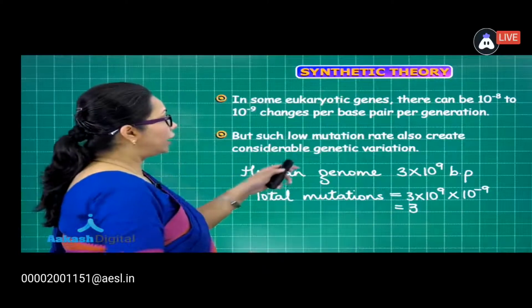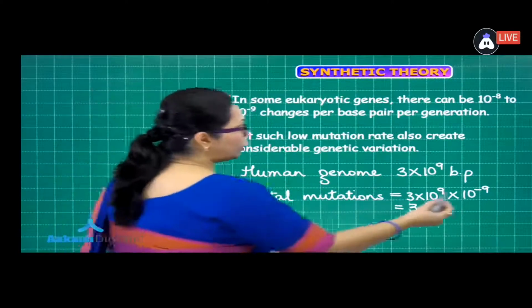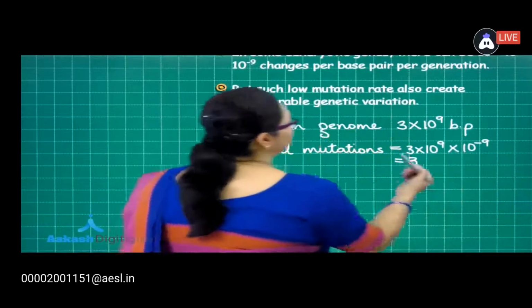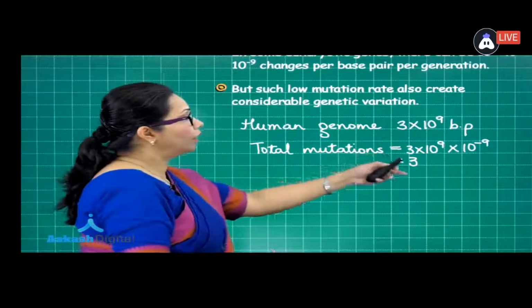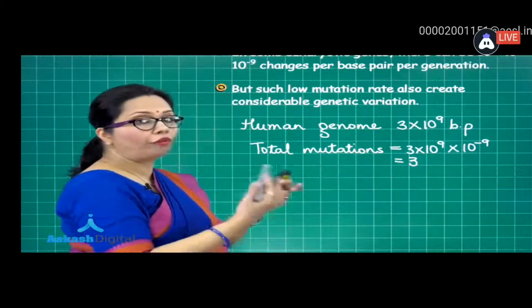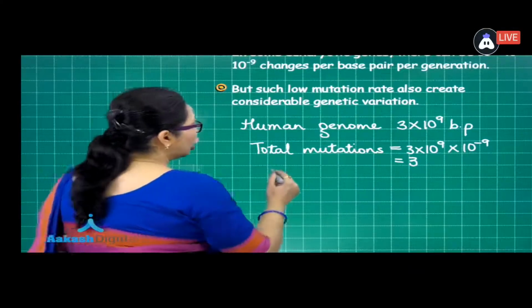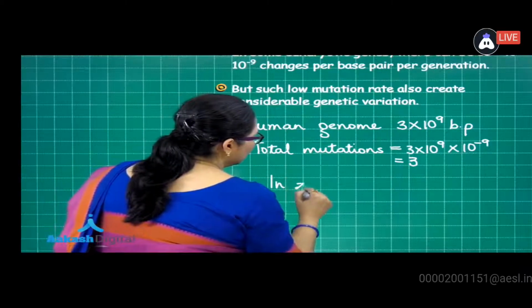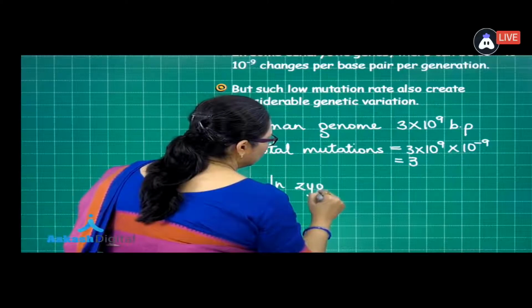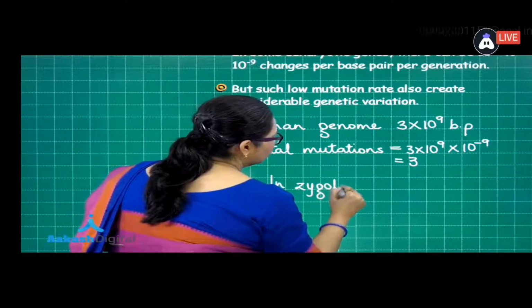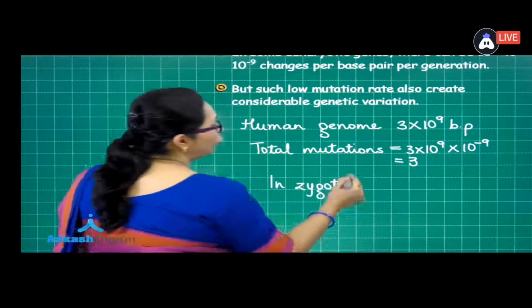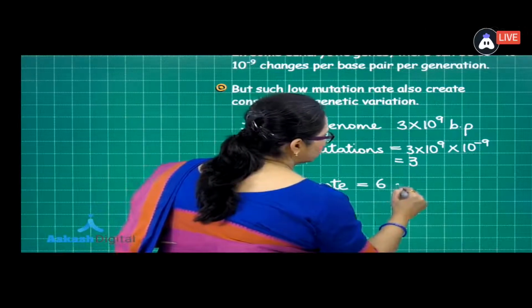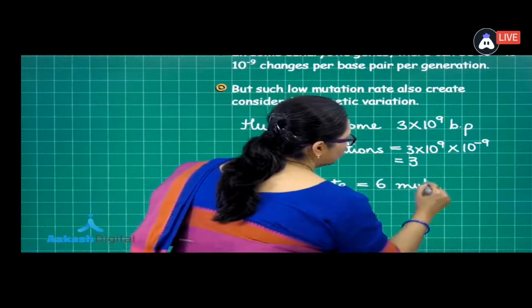Now this is in one genome, but as we know that we are diploids, so a zygote will get mutations from one parent and from the other parent. So in the zygote, the gametes which are fusing together would be bringing in total mutations of 6. That would be 6 mutations.